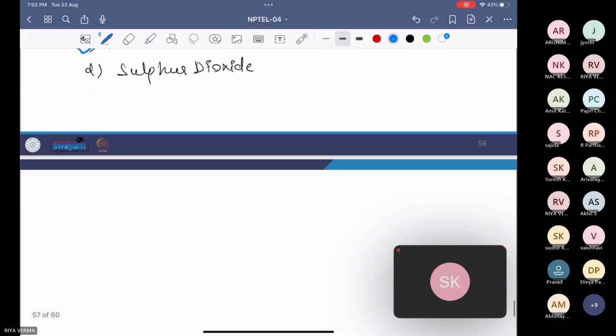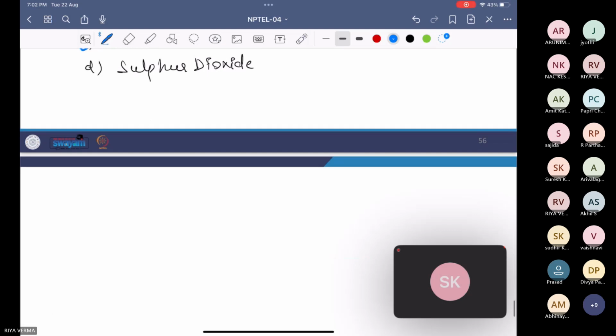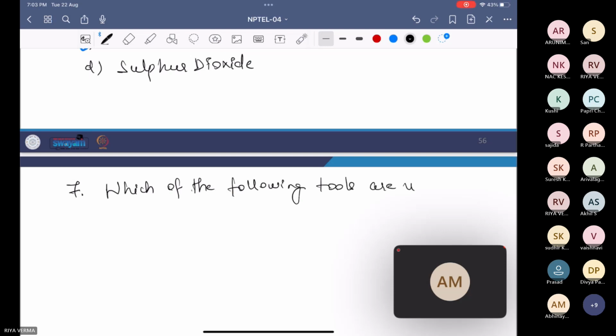Now the seventh question we have, which of the following tools are used for environmental assessment?